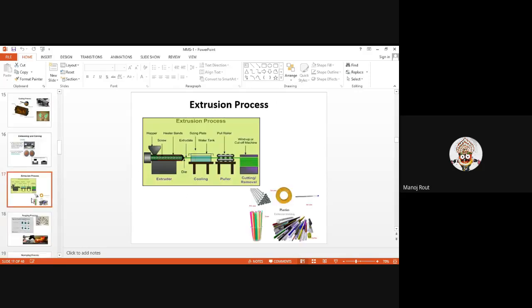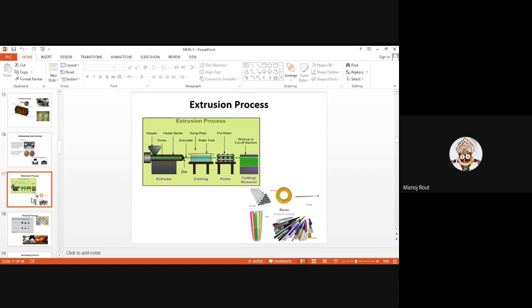The next one is the extrusion process. Extrusion is basically used in the cable industries, especially for electrical cables, and in pipe or plumbing industries. As you see in the figure, there is a raw material hopper, and the material is heated by electric power.